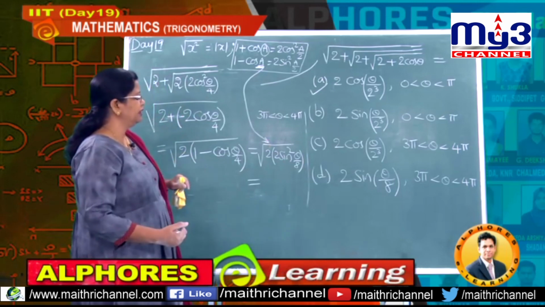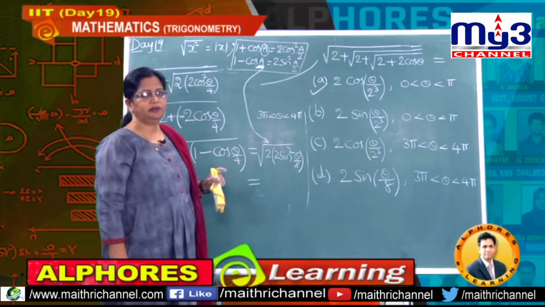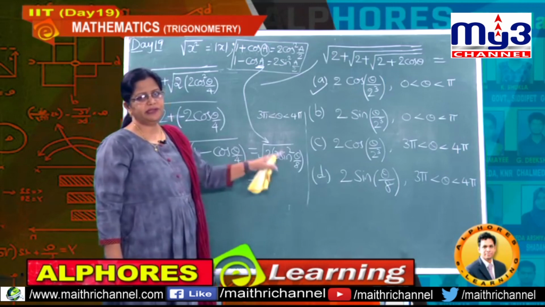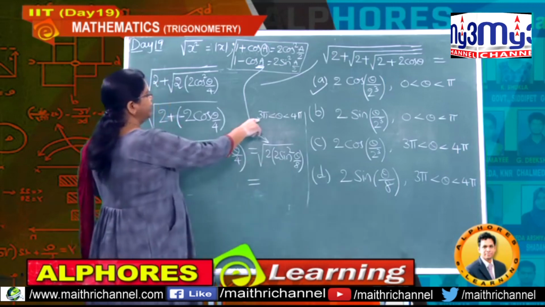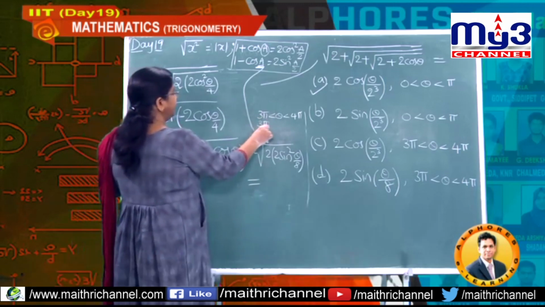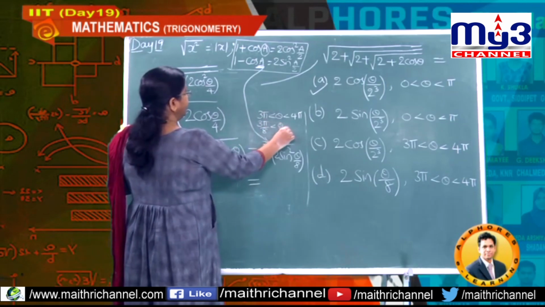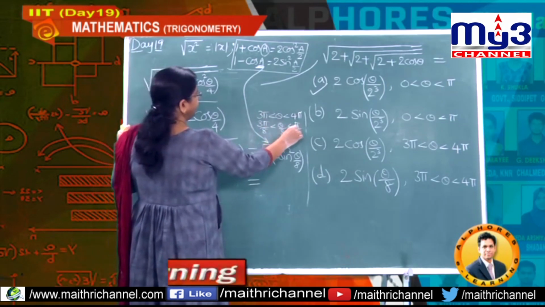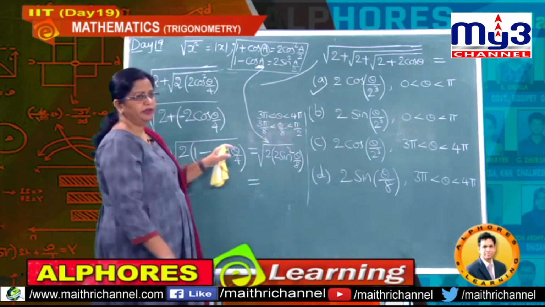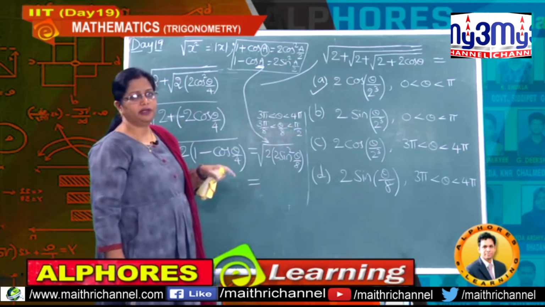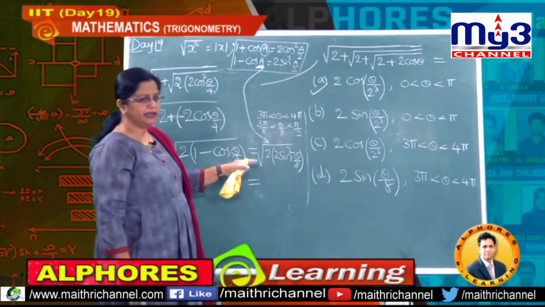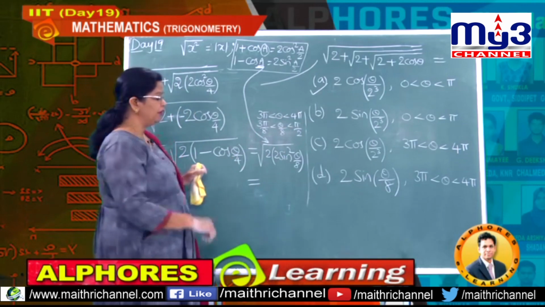So everywhere whenever you are removing a square root, you must be very cautious about these angles. Now here if I write by 8, 3 pi by 8 less than theta by 8 less than 4 pi by 8 means it is pi by 2. That means theta by 8 is an acute angle. For an acute angle sine has no error, as it is it will become positive.